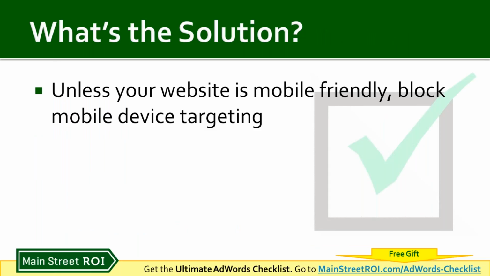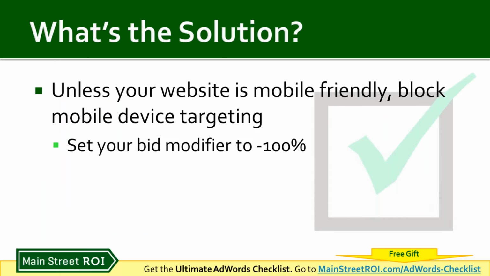So my recommendation, unless your website is mobile friendly, you'll want to block the mobile devices from your ad campaigns. And in most cases, you'll actually want to do this anyways, even if you have a mobile friendly site. If you know that your prospects typically just do research on their mobile phones and aren't really ready to make that buying decision, then it might not even make sense to target mobile devices.